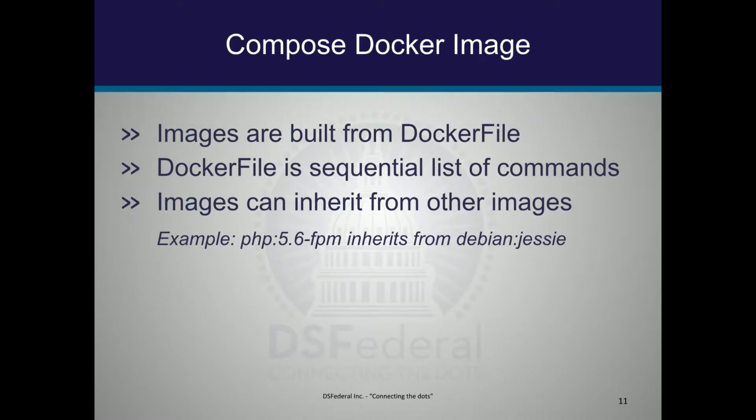Images can inherit from other images, so you don't have to write a lot of code inside that Dockerfile. For example, PHP 5.6 FPM inherits Debian Jessie. So you can change the OS that it's running on into Ubuntu, or something else.